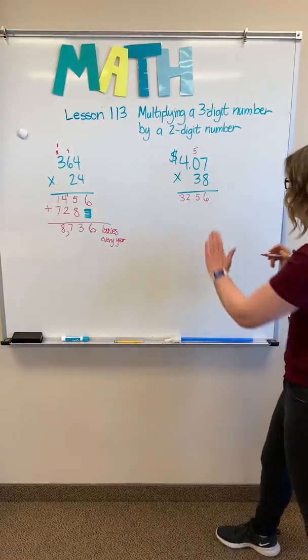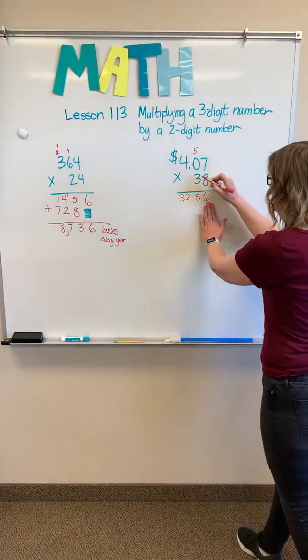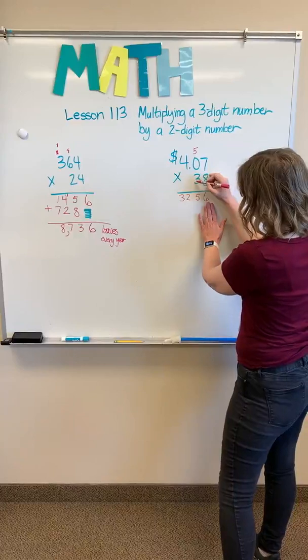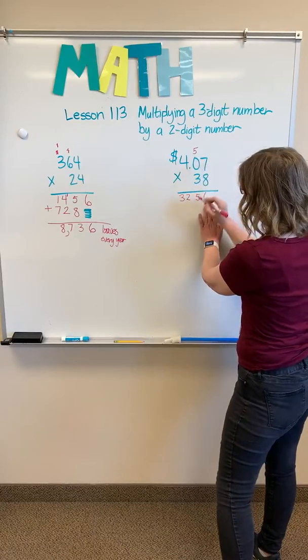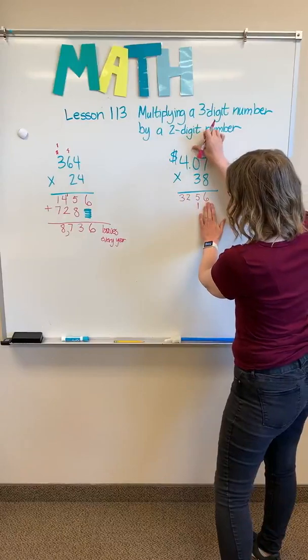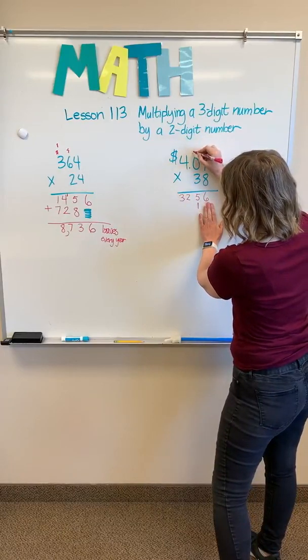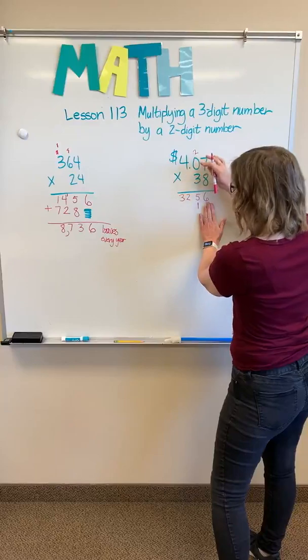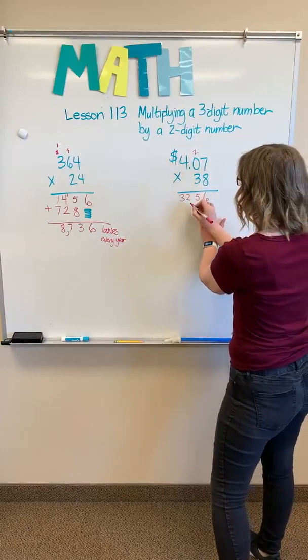Now, I'm going to keep this area blank, and I go to my tens. I say 3 times 7 is 21. I take and put my 1 here. I'm going to erase my 5, and I put my 2 right here. 3 times 0, 0 plus 2.